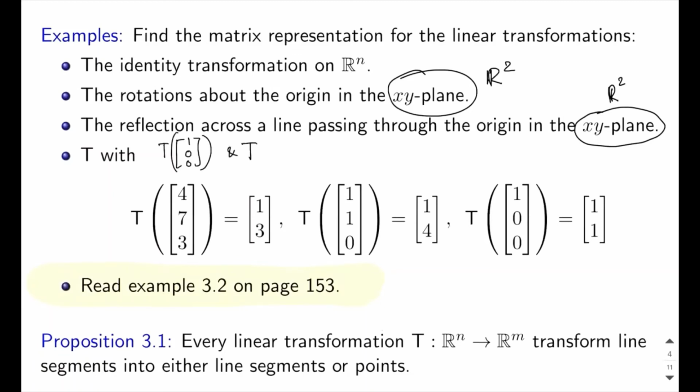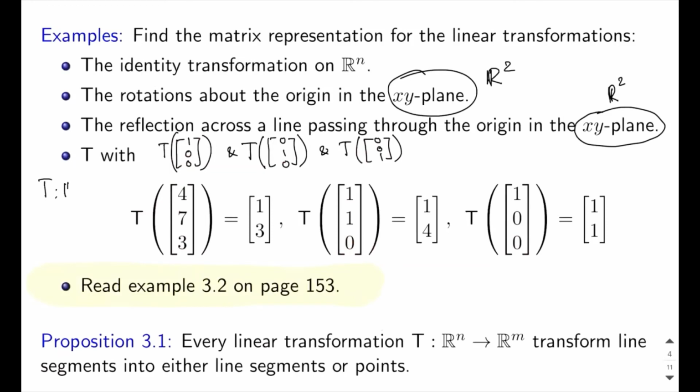And then you will have to find T of 0, 1, 0. And then you have to find T of 0, 0, 1. Right?